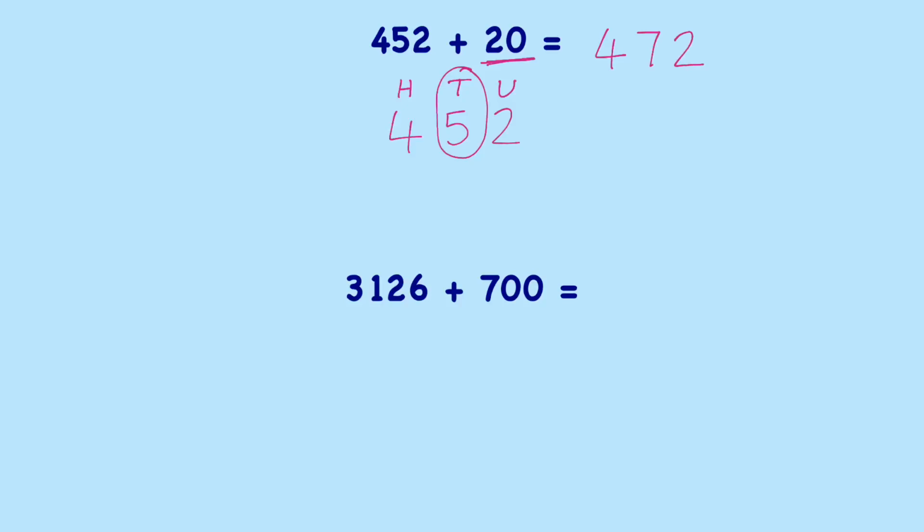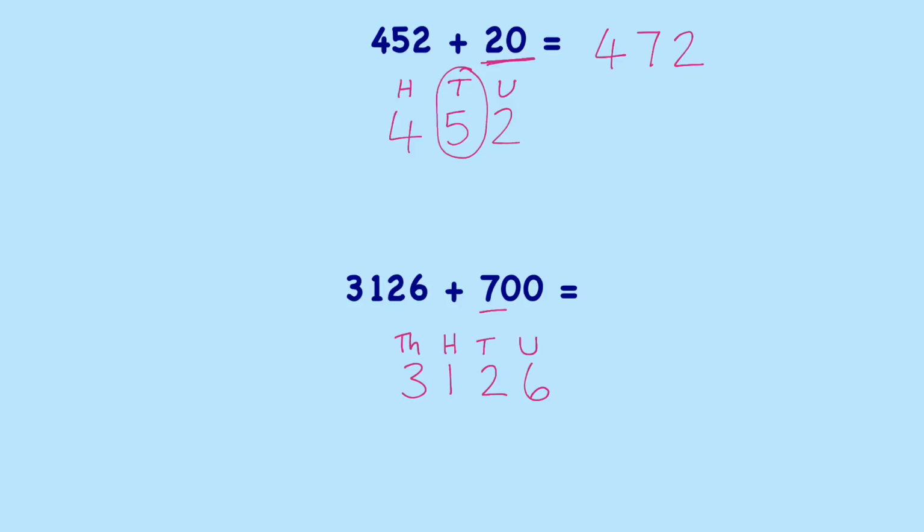So I know that my answer is going to be 472. Let's look at an example with a slightly larger number. So here we've got 3,126, and I'm going to add 700. Let's think of our place value again. We've got thousands, hundreds, tens, and units.